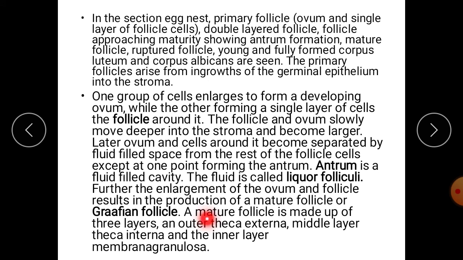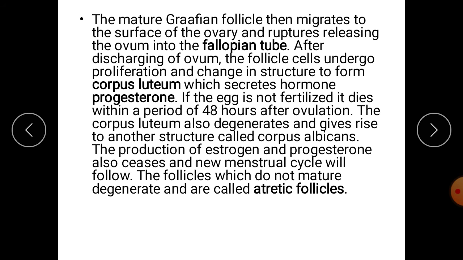Graafian follicle, a mature follicle, is made up of 3 layers: an outer theca externa, mid layer theca interna, and the inner layer is membrana granulosa. The mature Graafian follicle then migrates to the surface of the ovary and ruptures, releasing the ovum into the fallopian tube. After discharging ovum, the follicle cells undergo proliferation and change in structure to form corpus luteum, which secretes hormone progesterone.